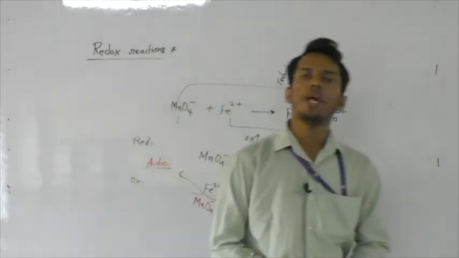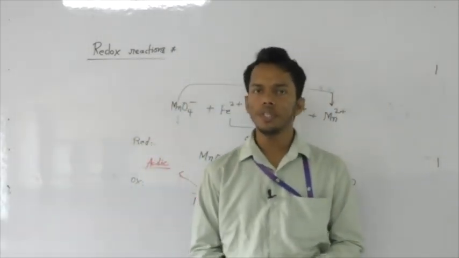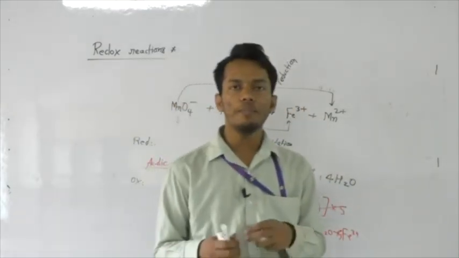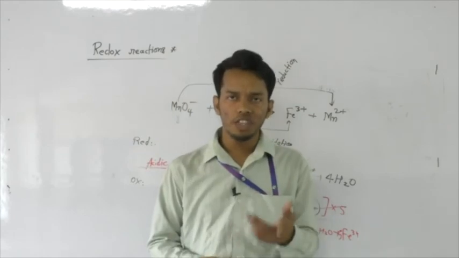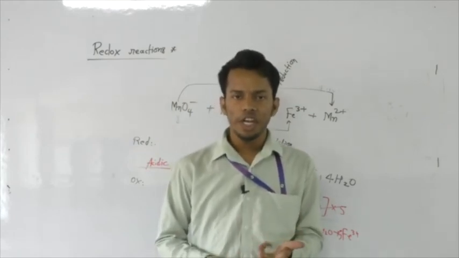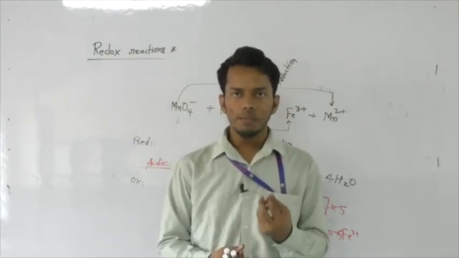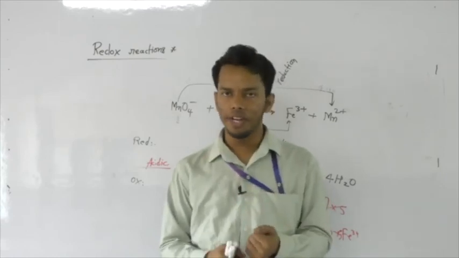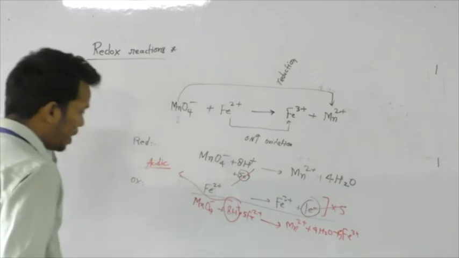But sometimes in the question, instead of acidic condition, they may ask in basic condition, in alkaline condition, in ammonia solution, in any solution. Any solvent you can take. So what do you have to do then?